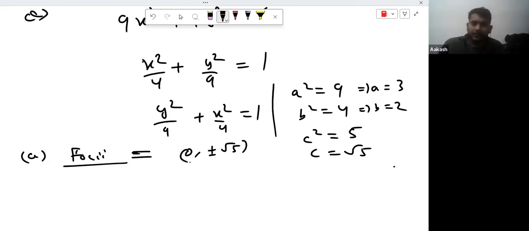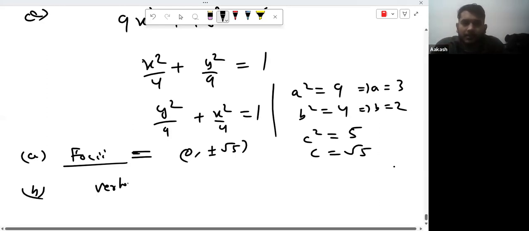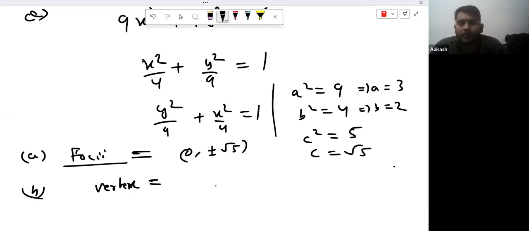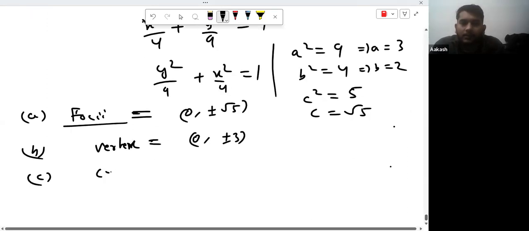Don't forget this, guys. Foci is same. If it is in x, it is c, 0, and if it is in y, it is 0, c. Vertex is 0, plus minus a, right? So plus minus 3. Center is 0, 0.